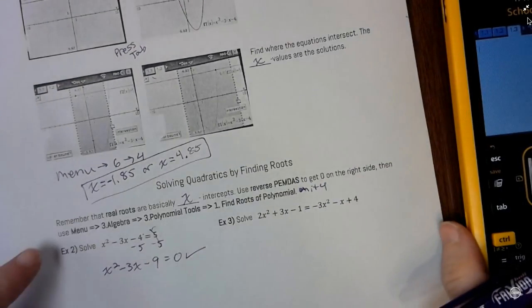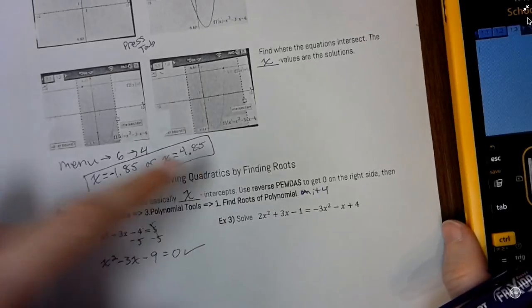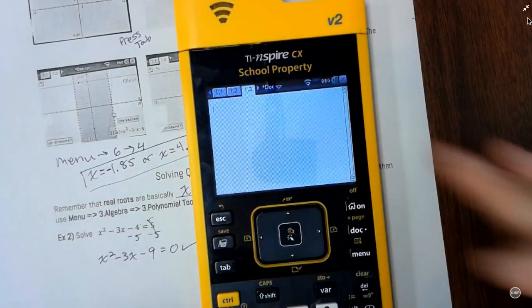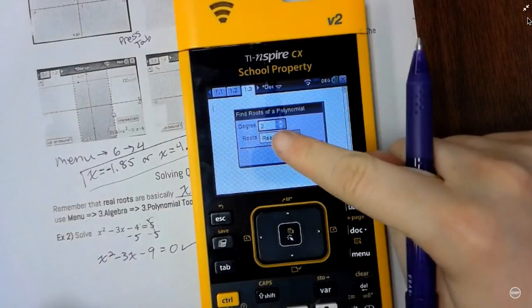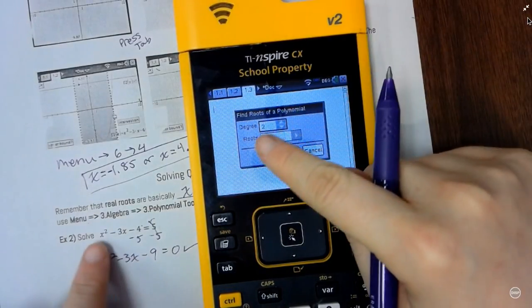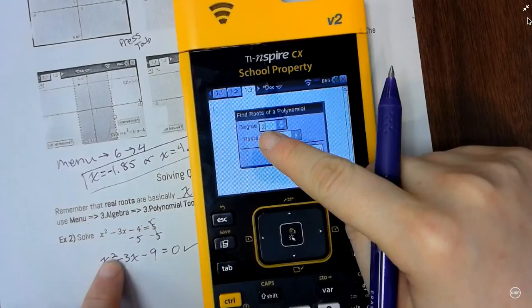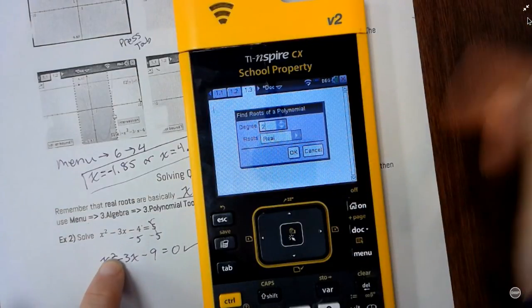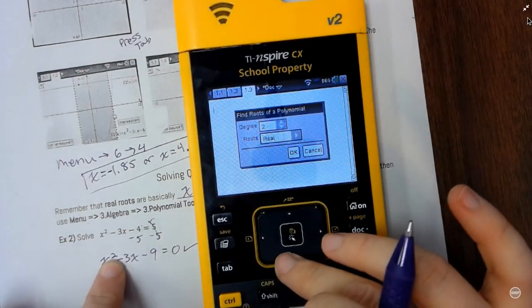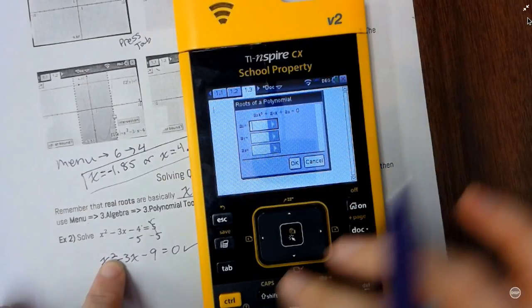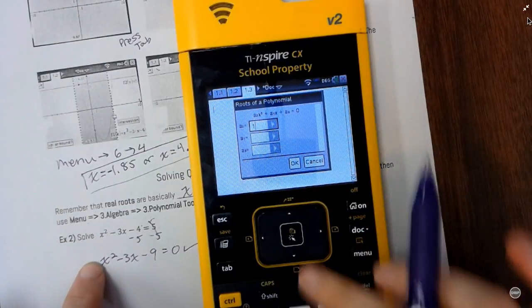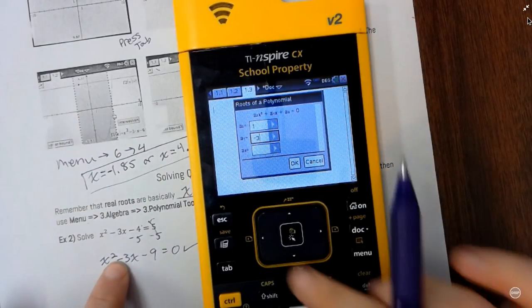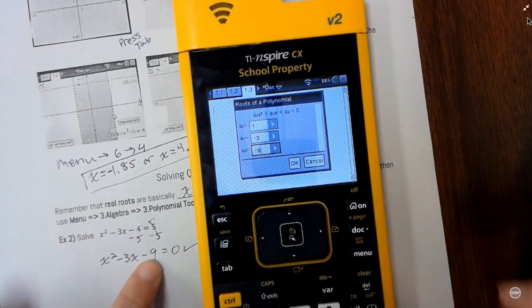And now I'm going to do menu 3, 3, 1. So on my calculator page, menu 3, 3, 1. Hopefully you remember doing this. I want degree 2 because my biggest exponent is 2. Leave it on real for right now. Later in this unit, we actually will switch that to complex or rectangular. And then put in your coefficients. So I have a 1, I have a negative 3, I have a negative 9.